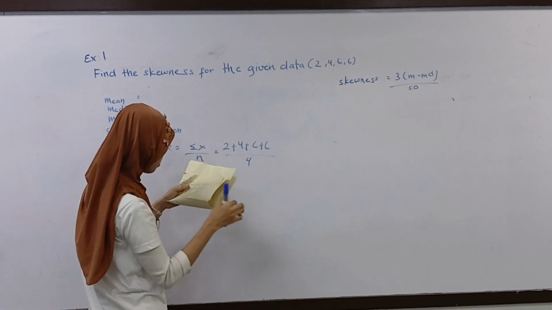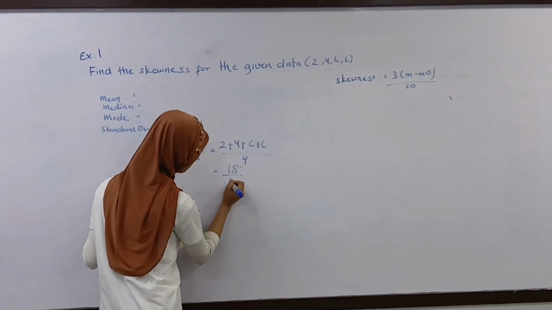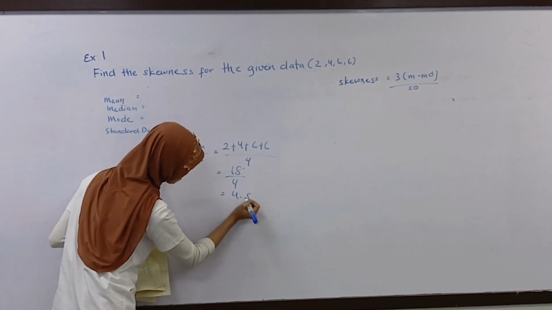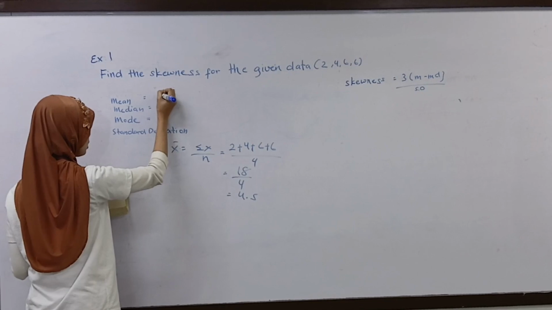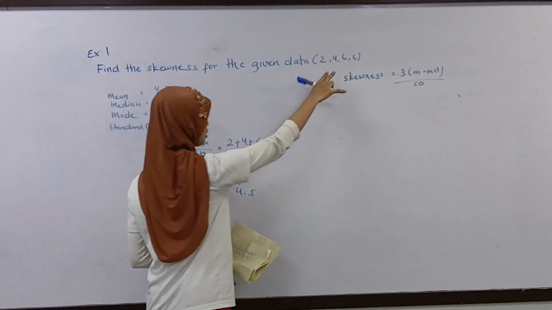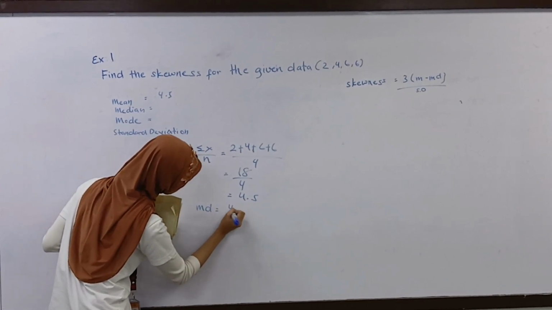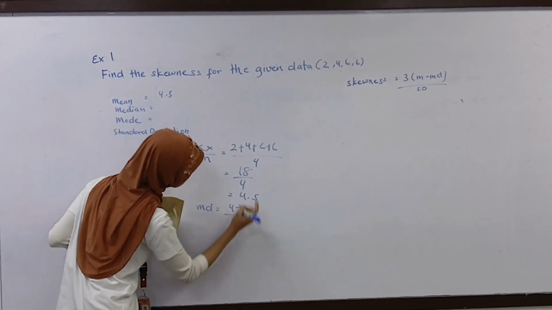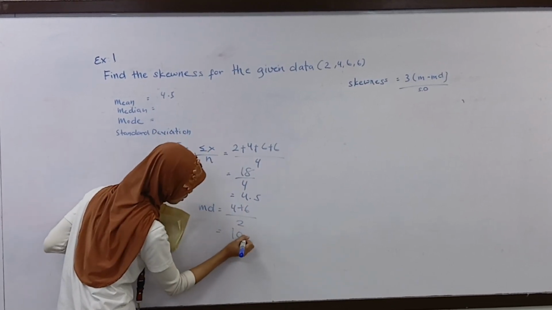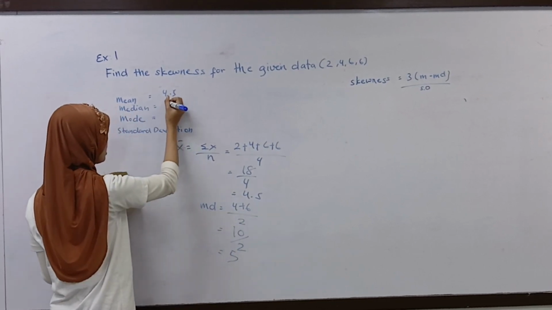So 2 plus 4 plus 6 plus 6 is equal to 18, and 18 over 4 is equal to 4.5. 4.5 is our mean. Now let's solve for the median. The median is equal to the two central values, 4 and 6, divided by 2. So 4 plus 6 equals 10, divided by 2 is equal to 5. So our median is 5.